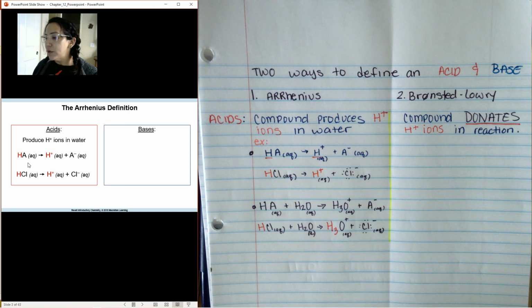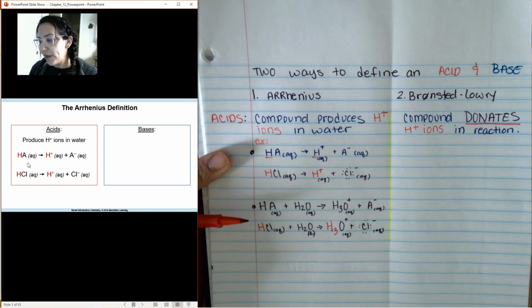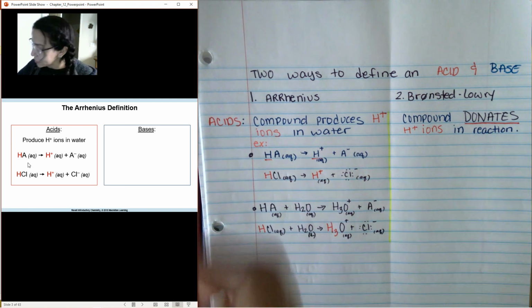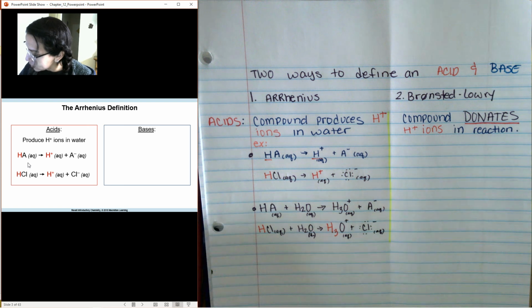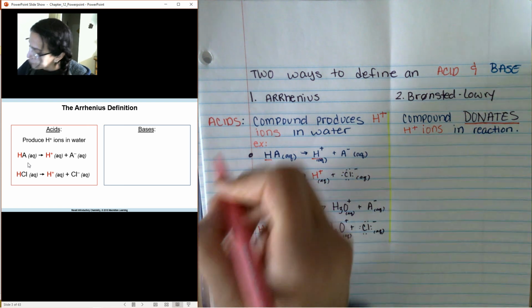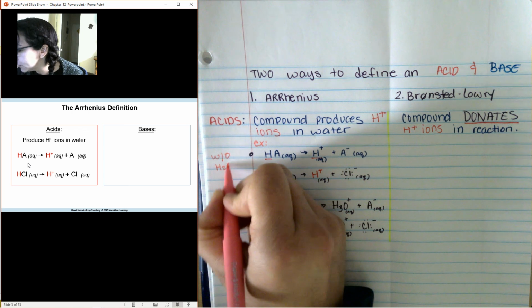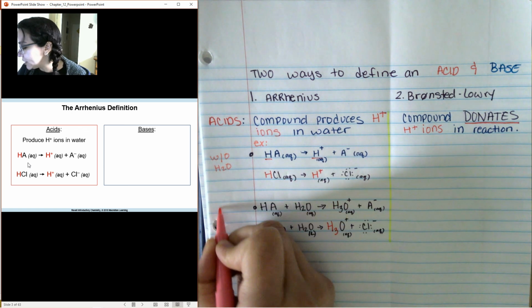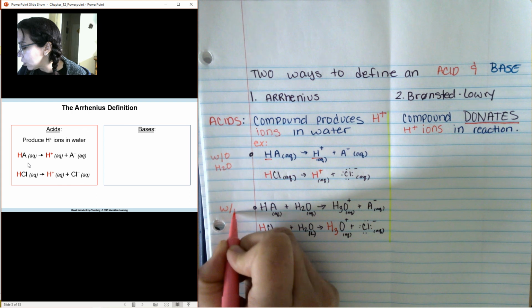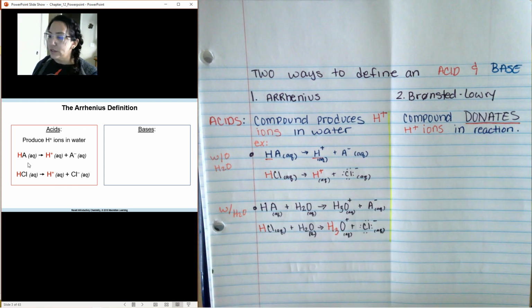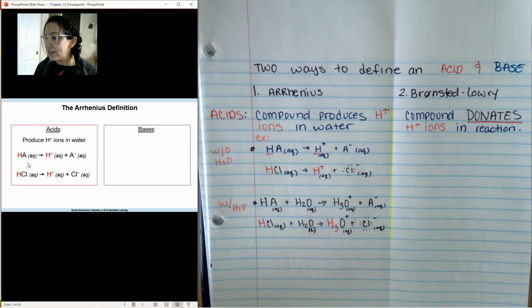Okay. So one more time, this one without water and this one with water. Let's write that down so that we don't forget. This one is showing the dissociation without water, and this one's showing the dissociation with water. So it's good to know that difference.